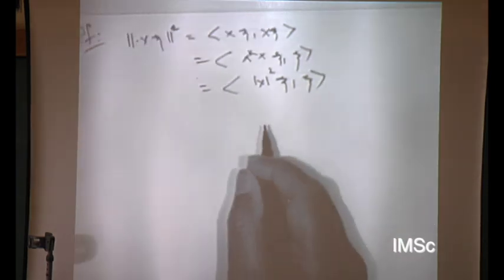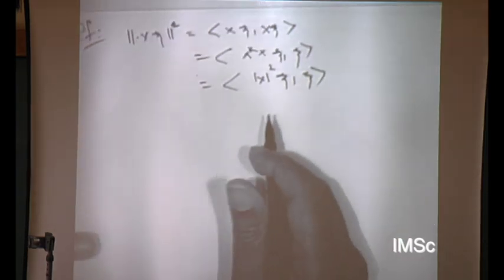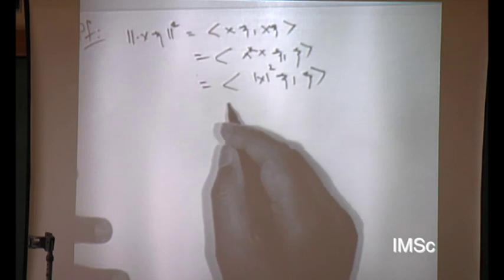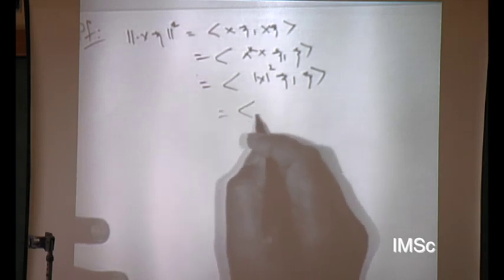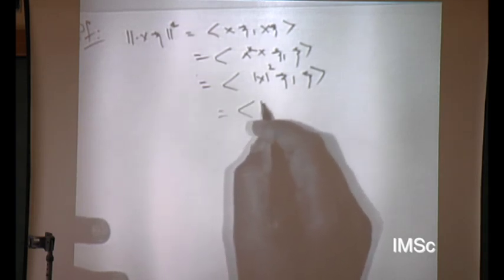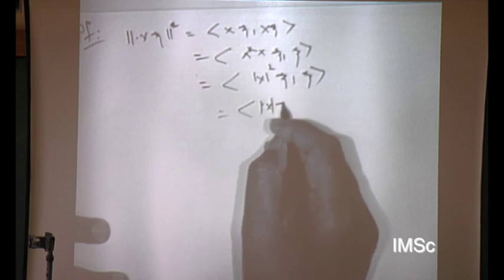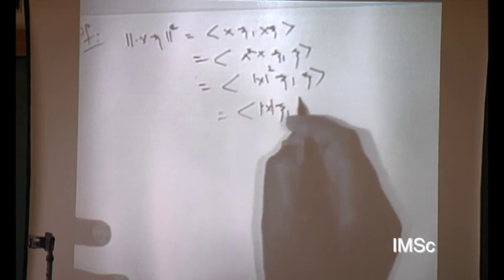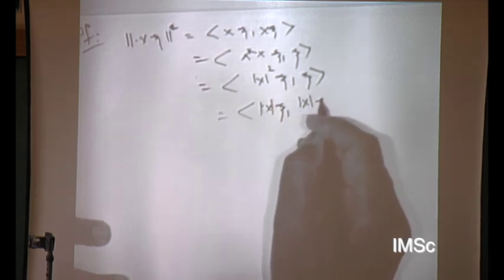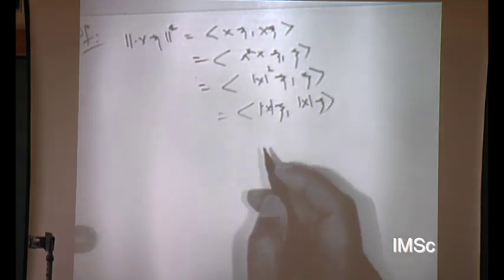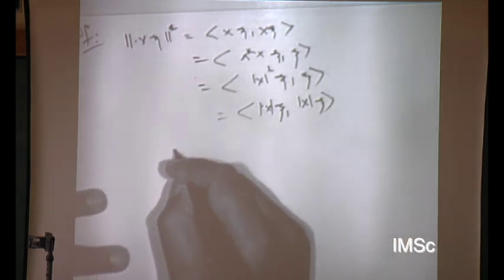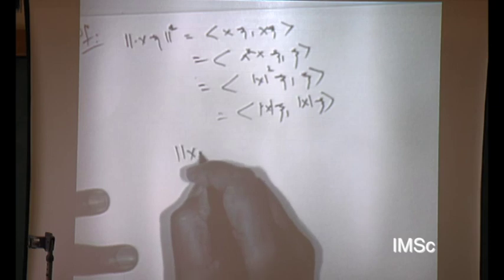Mod x by definition is the positive square root of x star x. And so now I can write this as mod x xi, mod x xi. That is, norm of x xi is equal to norm of mod x xi.